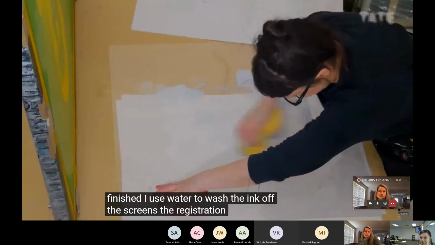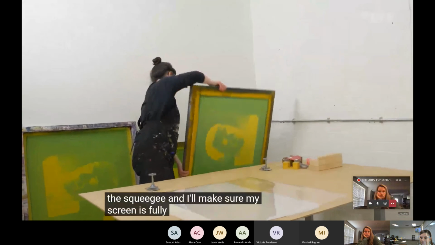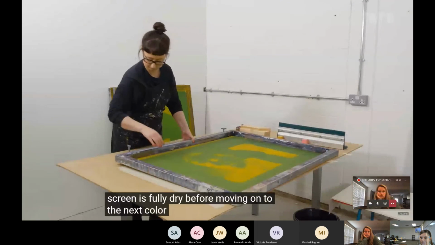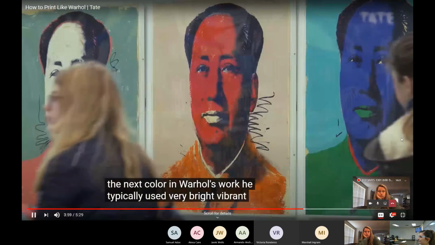Now she's cleaning off her screen. Now she's moving on to her next layer.